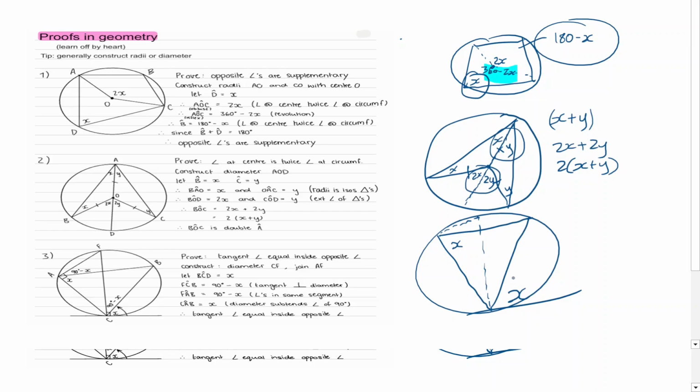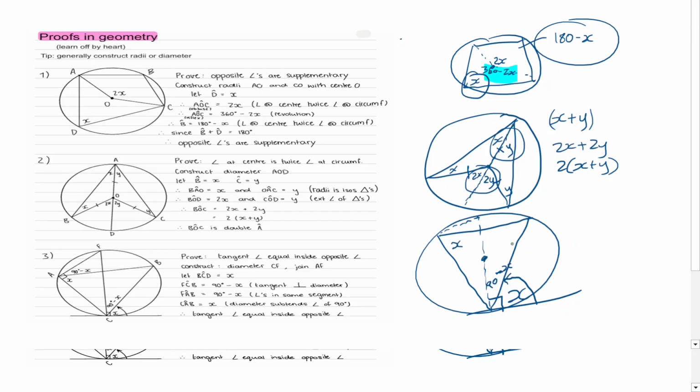Then if this is x here, you tap into the rule that a line from the center, because this is a diameter, is perpendicular to a tangent. So if this is x, then the next door little neighbor here must be 90 minus x, and your reason for that would be adjacent angles.